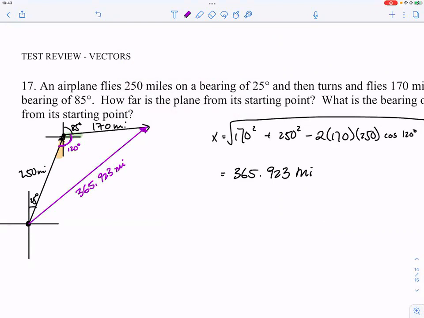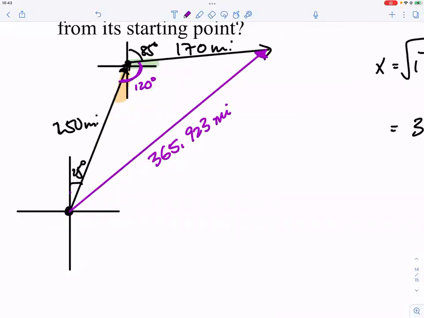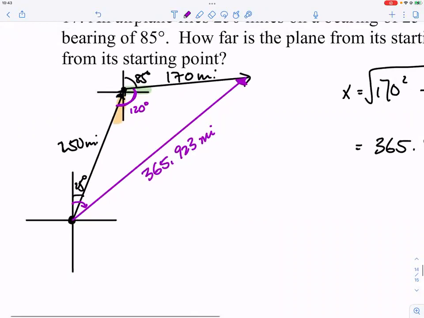And now we wonder what is the angle right here? What's the bearing? Just like the previous question, you have the power to find out everything about this triangle.